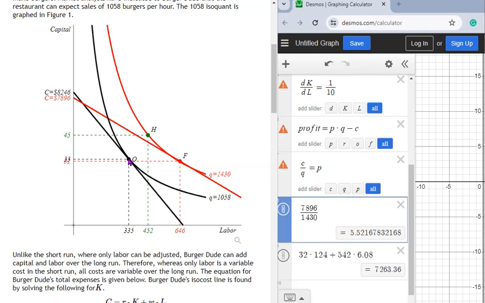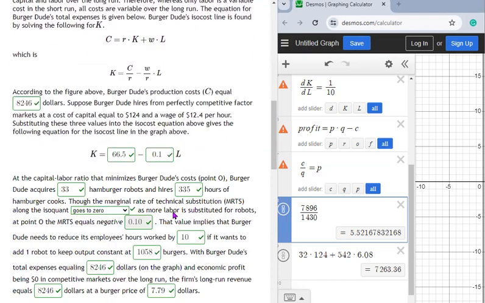So in the output effect, both factors increase in demand. The firm is demanding more of both of these factors. But in the substitution effect, we are substituting away from robots and adding labor. So we have a substitution from H to F.